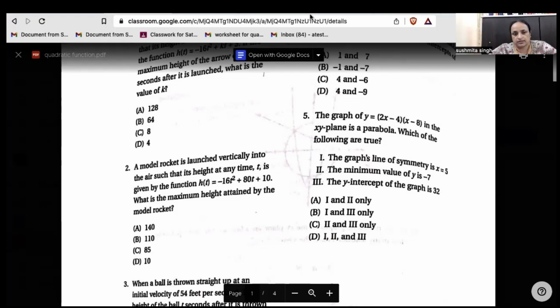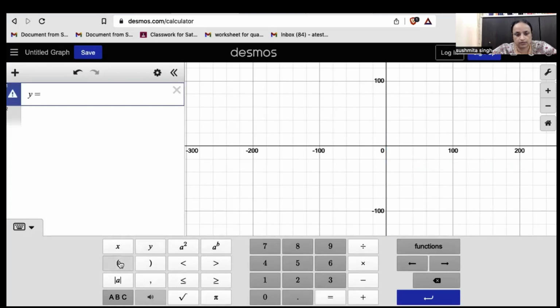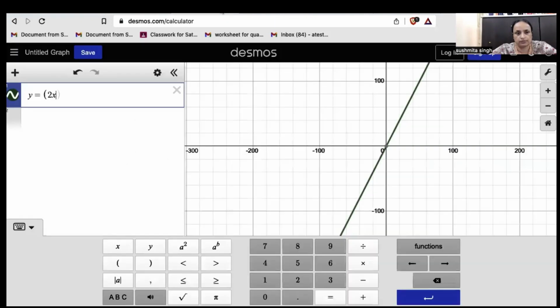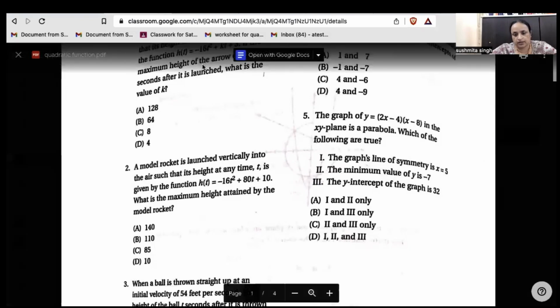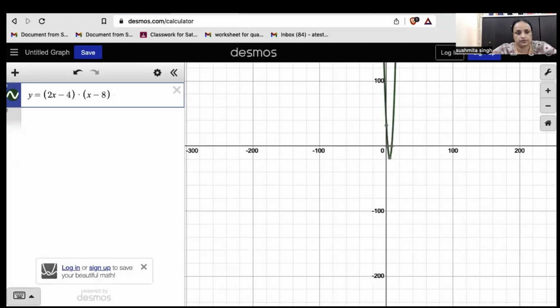We'll plot this first. y equals 2 times (x minus 4) into (x minus 8). Right? So we have this.